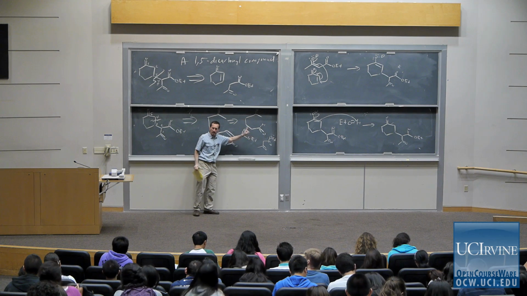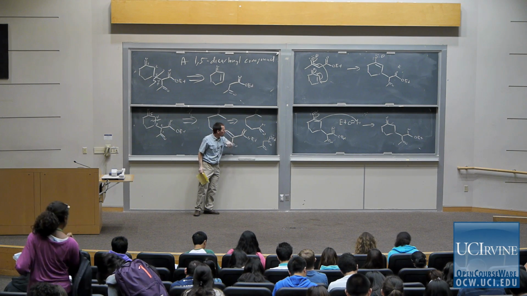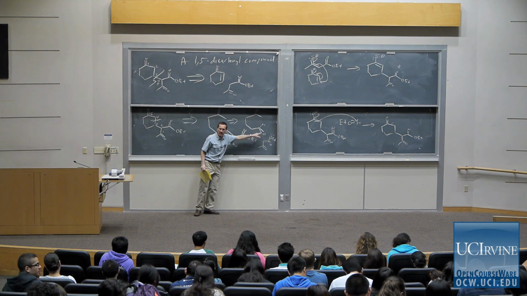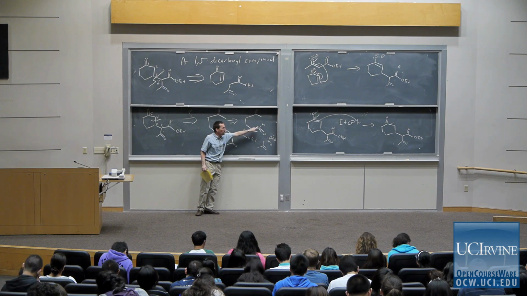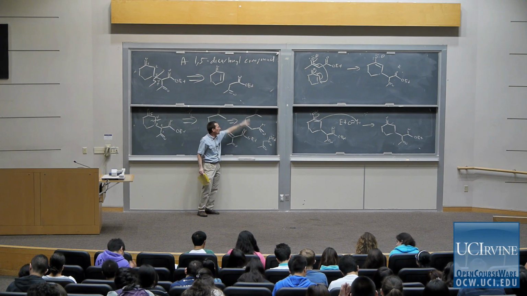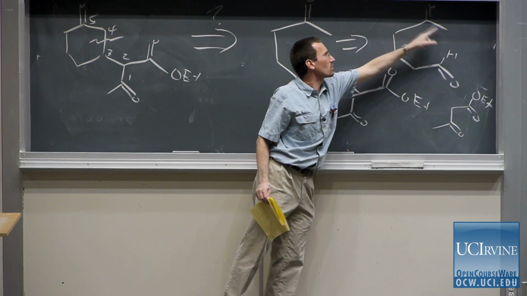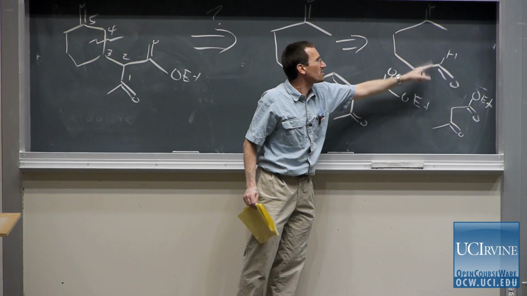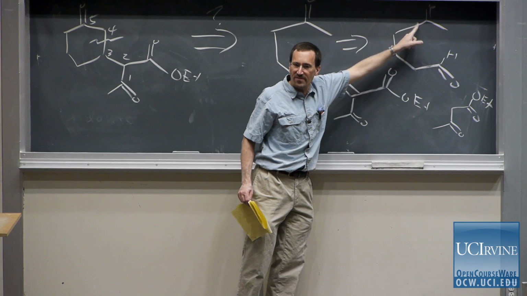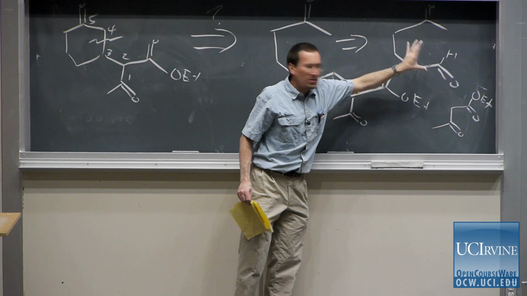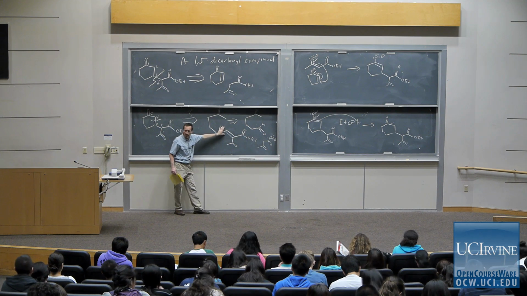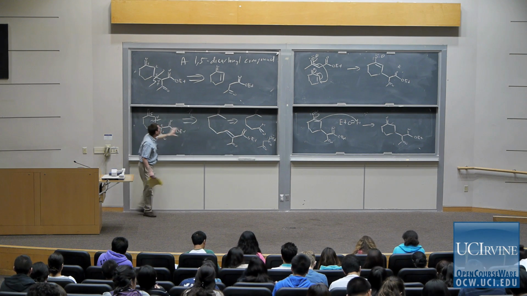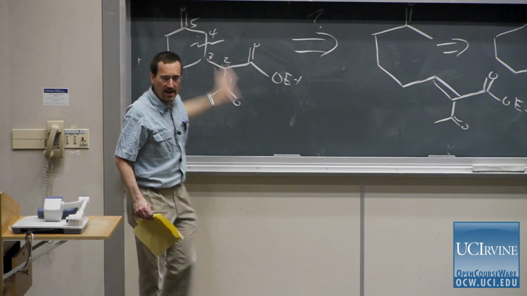And maybe I could condense ethyl acetoacetate in a crossed-aldol reaction with this ketoaldehyde, this 5-ketohexanal, to first make this component, and then maybe I could carry out an intramolecular Michael addition.